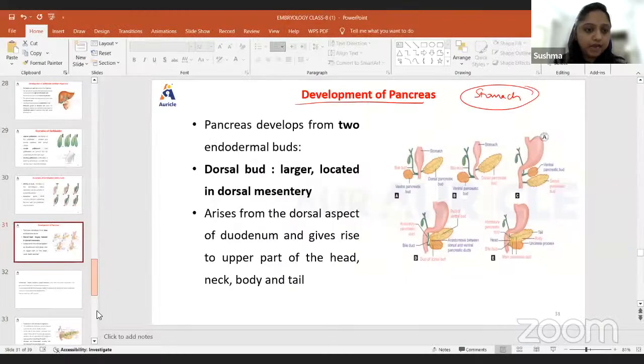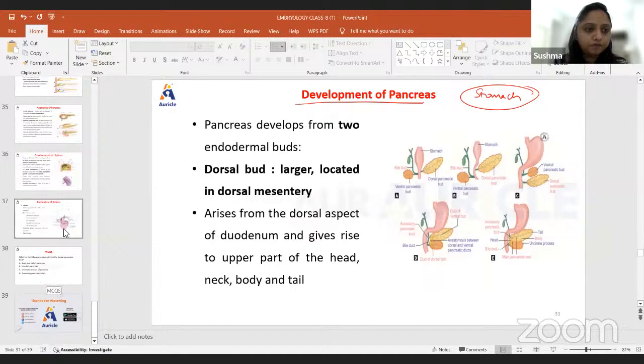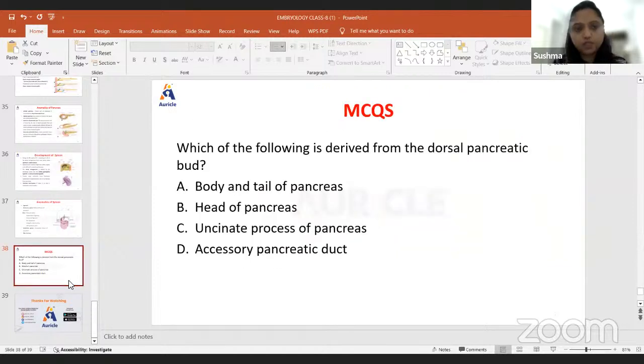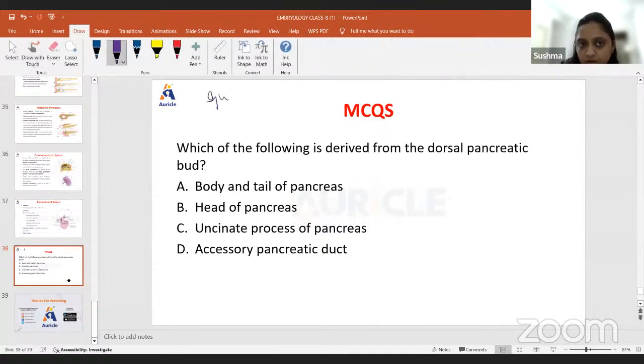What did we learn? The dorsal pancreas is a different topic that we'll do tomorrow. So what did we learn? We learned how the gut is formed. We learned the gut and its derivatives and its extent. Then we learned about the mesentery.